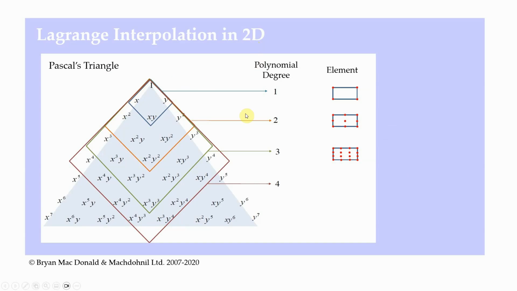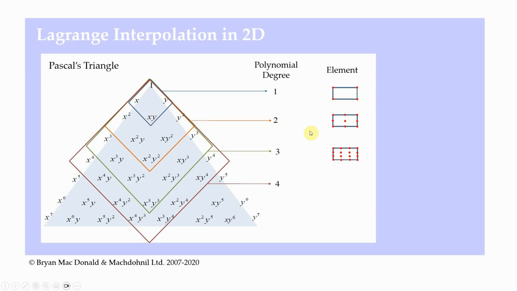If we take the easiest type of element we can have, which is a 4-node rectangle, that's going to have terms in x and y and xy, and we end up with a rectangle with 4 nodes.